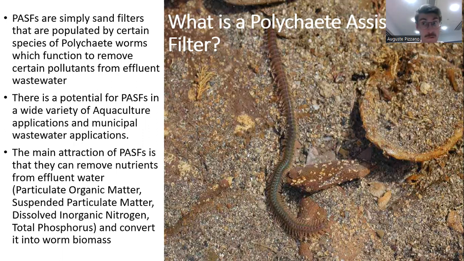Instead of letting it go out as effluent, it's converted to worm biomass. Polychaete-assisted sand filters have a variety of applications, obviously in aquaculture, like I'm saying, but also potentially municipal wastewater.